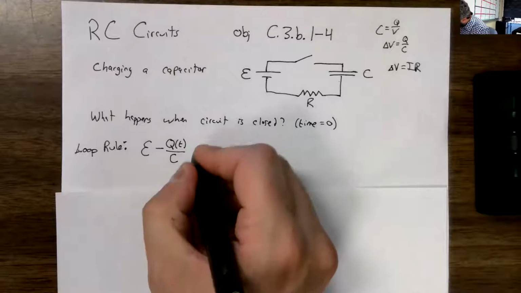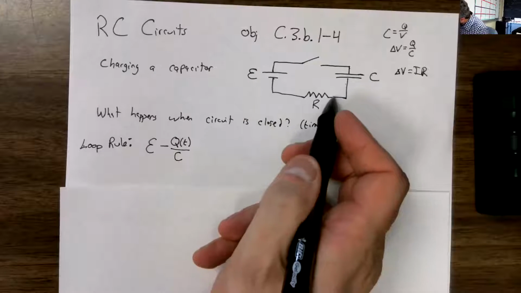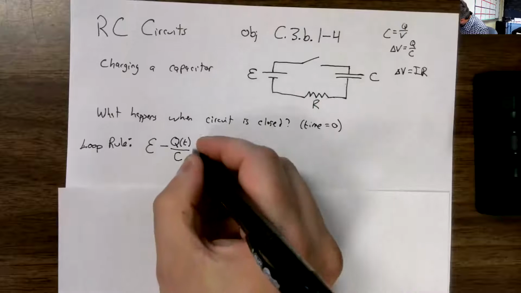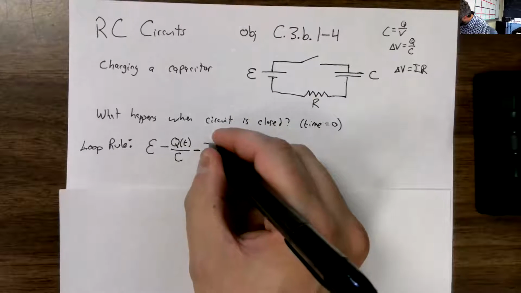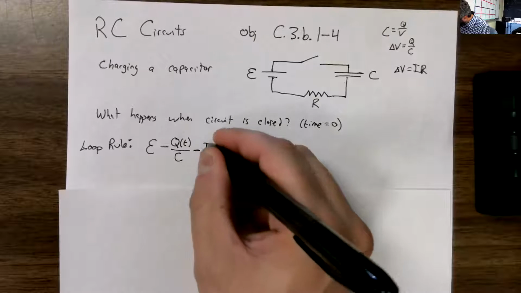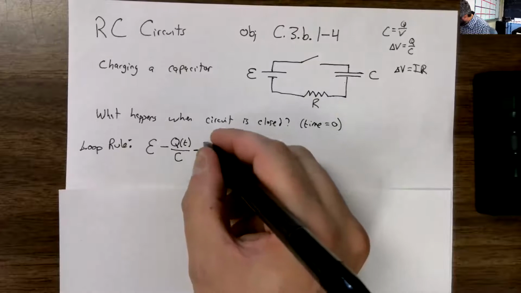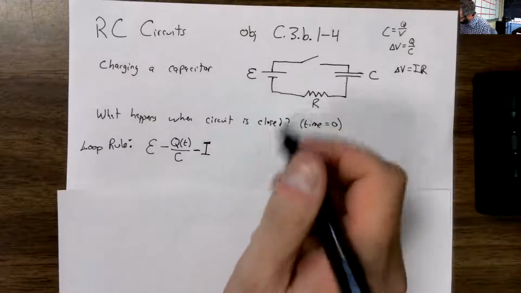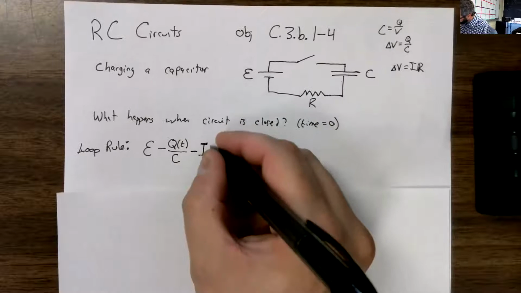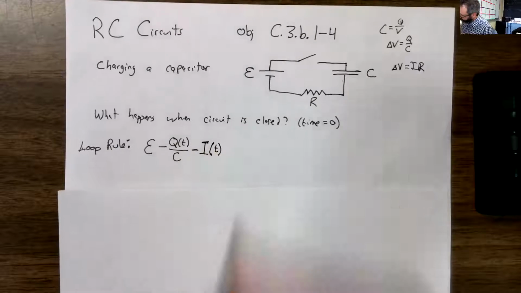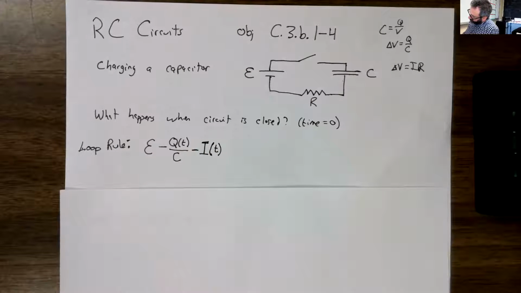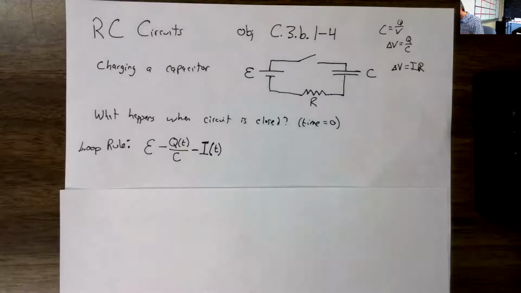All right, so that's going to be a drop, right? Because again, we're going from high potential here to low potential here. So we're dropping potential. That's a minus sign. So we've got I, and the current here is a function of time, so I'm going to write I of t.